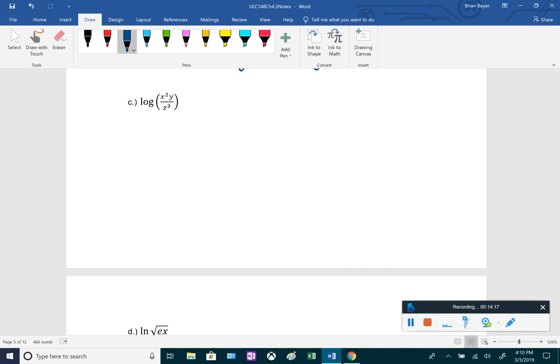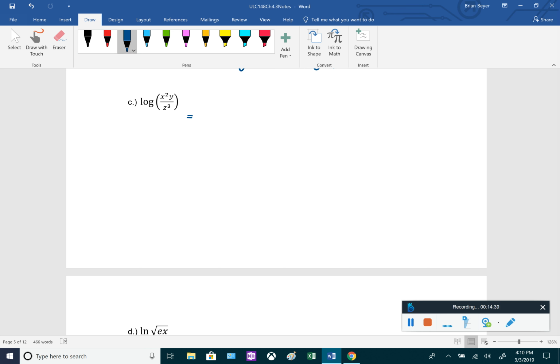Okay, and then for the next one here, we have log of x squared y divided by z cubed. So we have 3 different factors in here. We have an x, a y, and a z. So it's going to be the product rule and the quotient rule first. The way that I think of it is I see 2 factors in the numerator, 1 in the denominator.